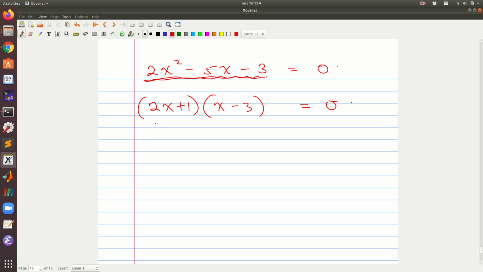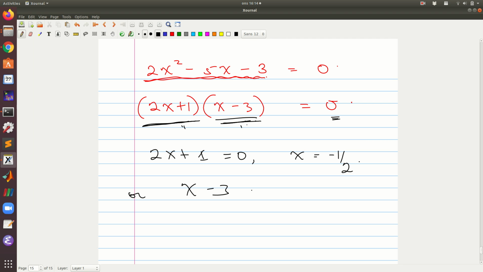So the idea here is that if you have the product of two terms as 0, that means that either one of these two terms is 0. So either 2x plus 1 equals 0, which implies that x equals negative 1/2, or x minus 3 equals 0, implying that x equals 3.